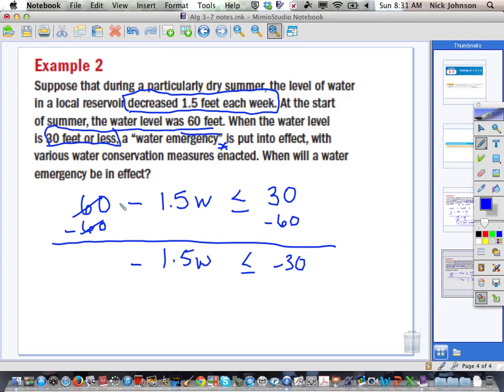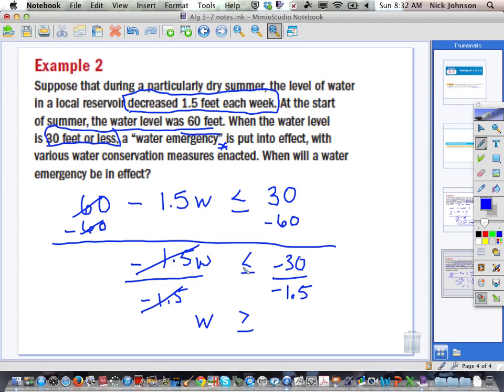So the inverse of subtracting 1.5w is dividing by a negative 1.5. Whatever I do to one side, I do to the other. And this is where you need to watch your signs, because since I divided by a negative 1.5, this inequality now turns to greater than or equal to.